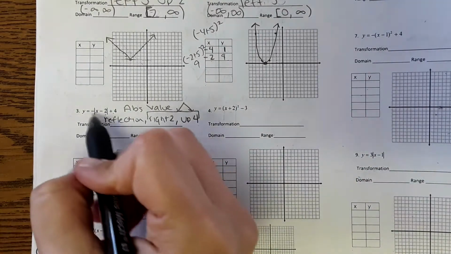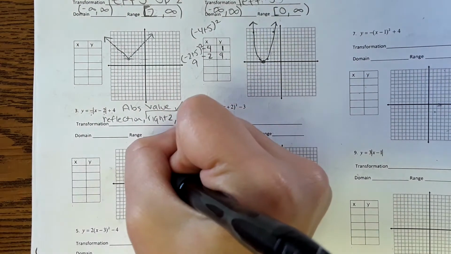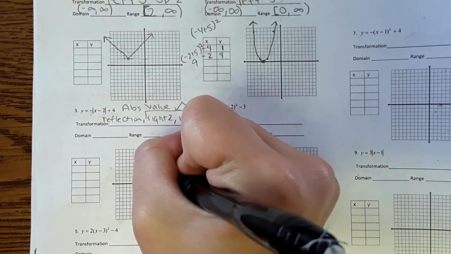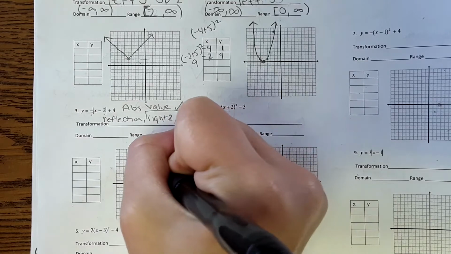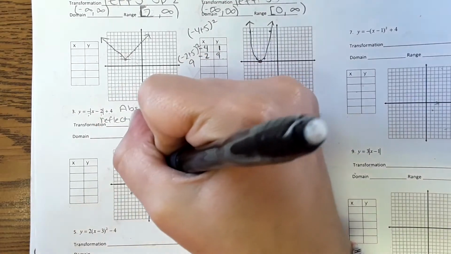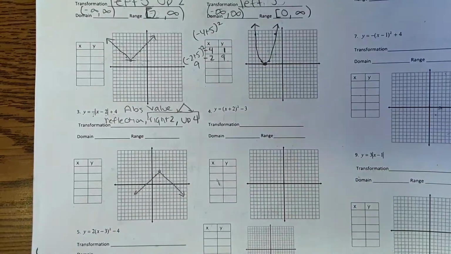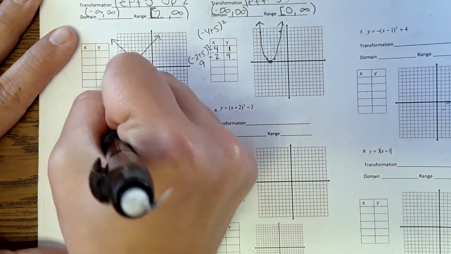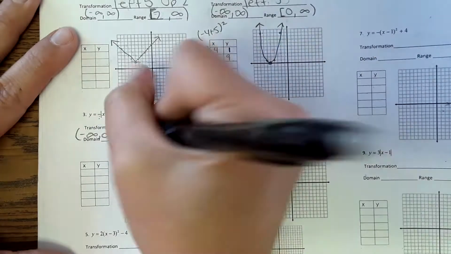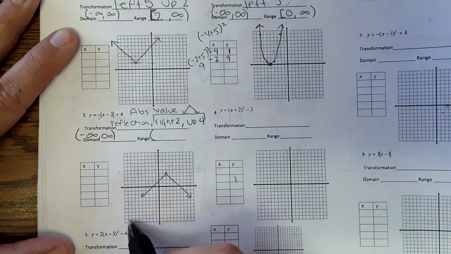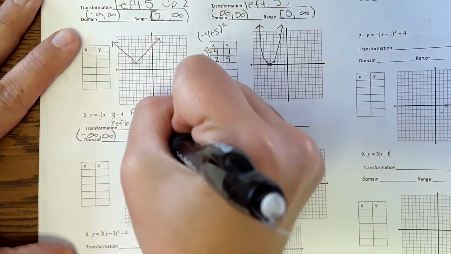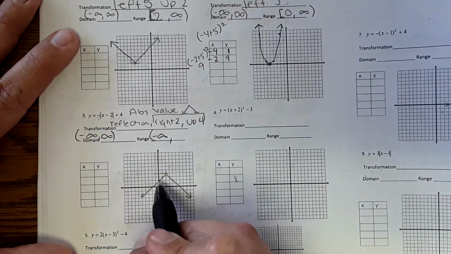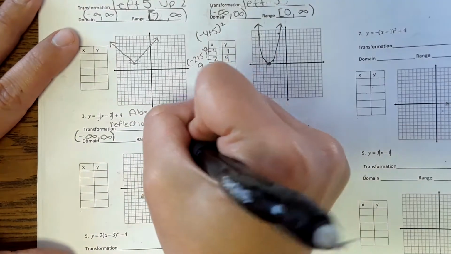Our slope is just -1, so it's going to go down 1 over 1. And then domain, -infinity to infinity and beyond. Range, our lowest y value will be -infinity. And our highest y is 4.